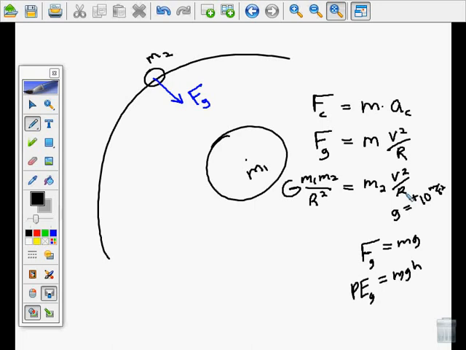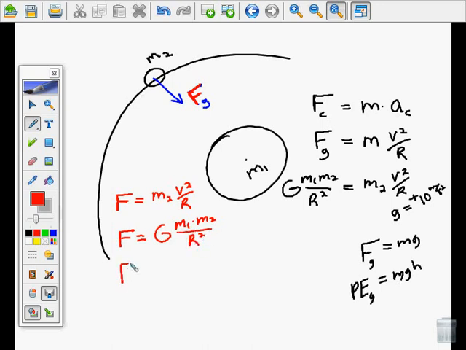So with this special case, folks, there are three formulas for calculating this force. That force is equal to m2 v squared over r. That force is equal to G m1 m2 over r squared.